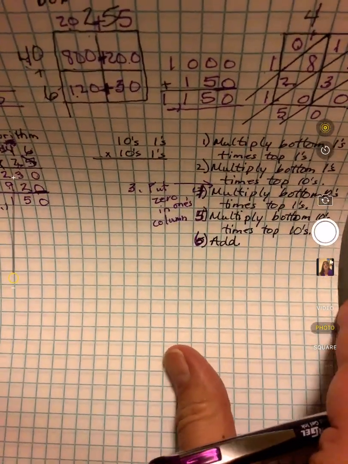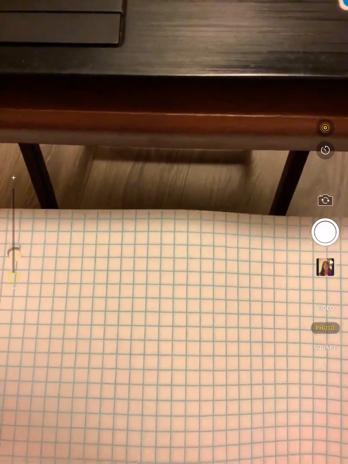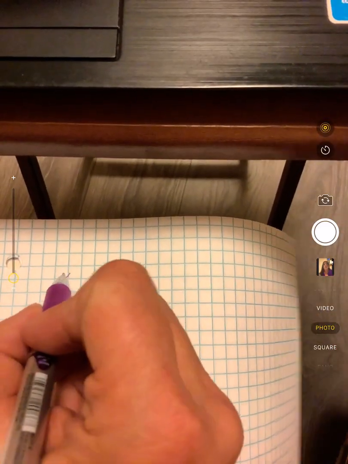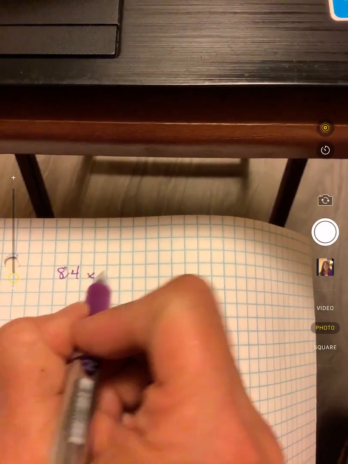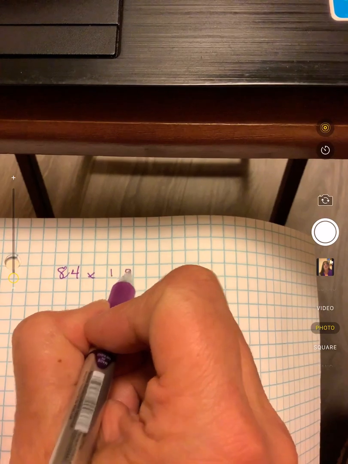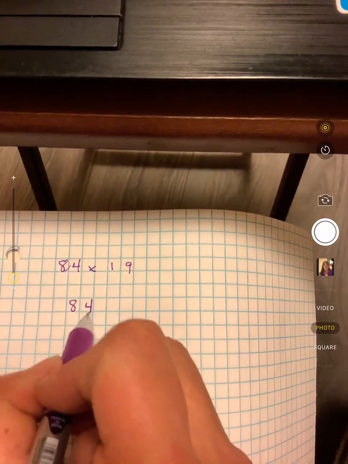So let's, I'll keep that paper handy and let's do another problem. Okay, so let's try 84 times 19. Okay, so we'll do it like this. This is the algorithm.